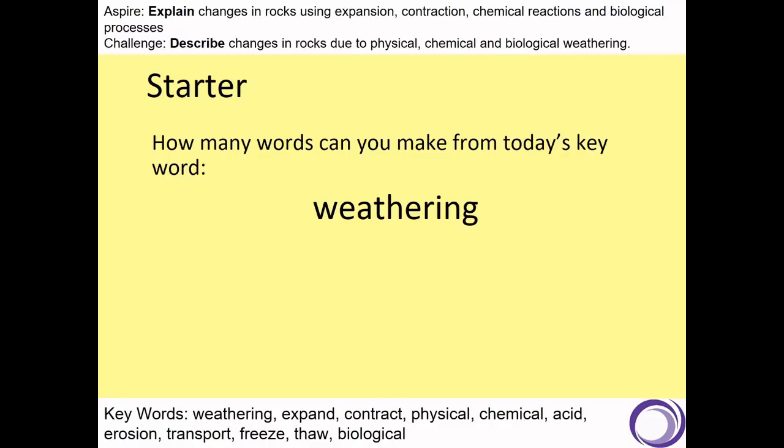And when you finish, you can get your brain in gear by having a go at the simple starter activity on the PowerPoint now. How many words can you actually produce from that word weathering?